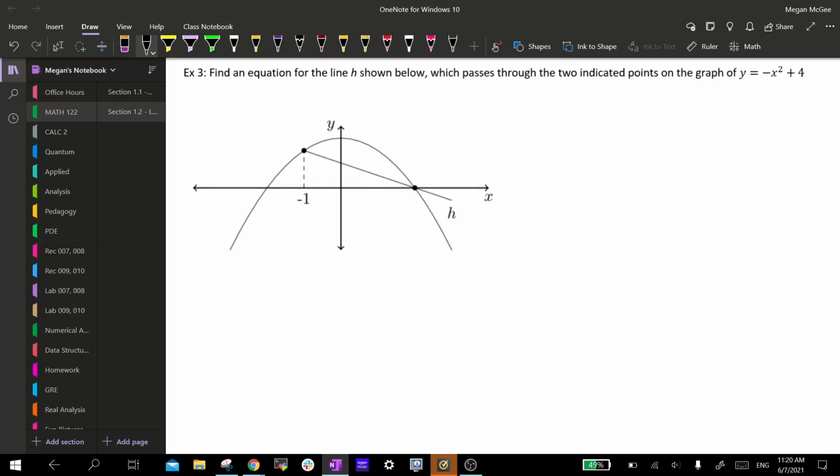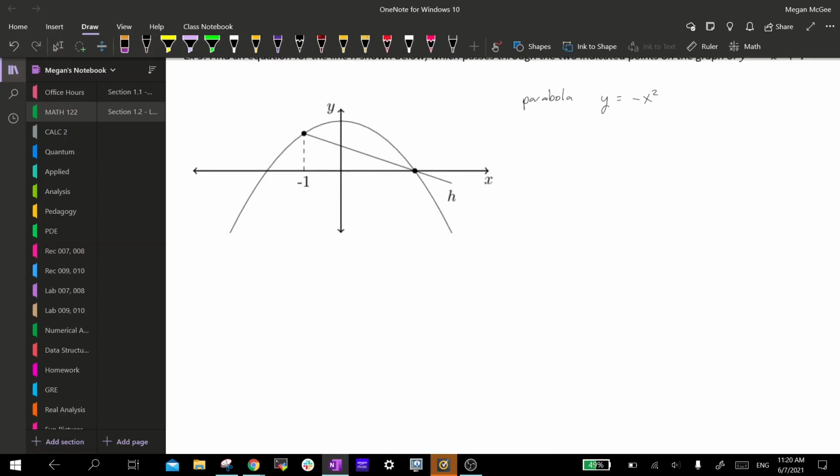Okay? So again, our parabola is y is equal to negative x squared plus 4. And one bit of information we are given is that this x value is negative 1.